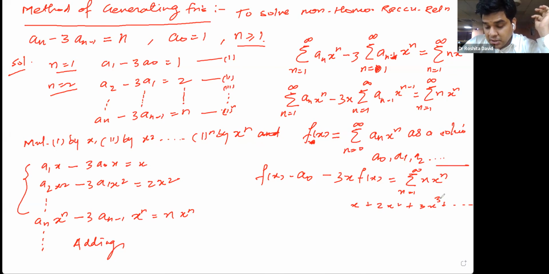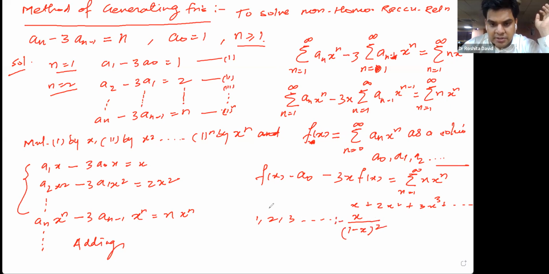Which generating function will work to generate 1, 2, 3, and so on? There is a generating function called x upon (1 minus x) square.